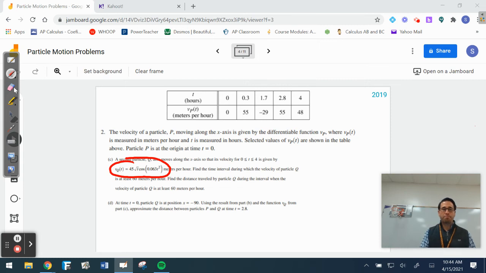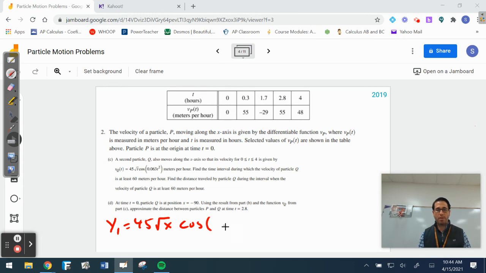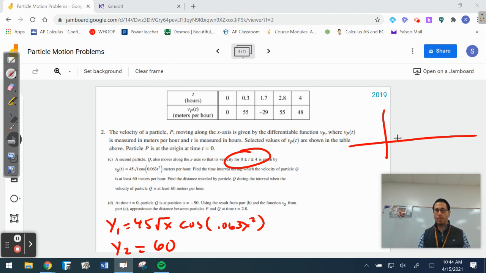Now I'm not going to get my calculator out and show you guys this, but what I want you to do is do this in your calculators and you should get it right. Y1, I'm going to put in 45 square root of x cosine. Remember, you don't have to use t when you're using your calculators, so everybody plug that in y1. Now for y2, you're going to plug in 60. Now when you graph these things, think about it. I'm going to change my window from 0 to only 4.